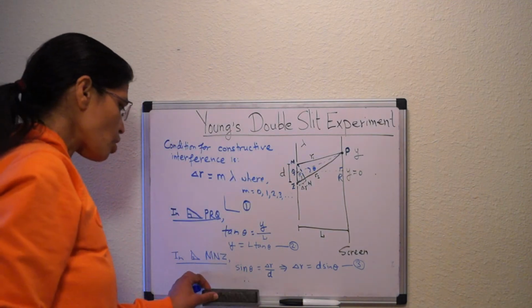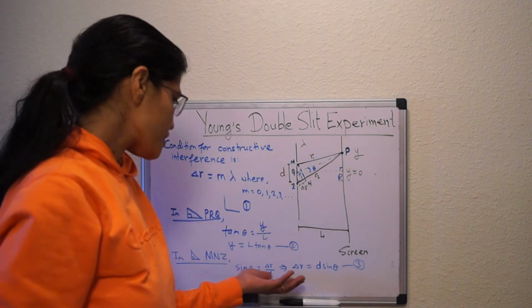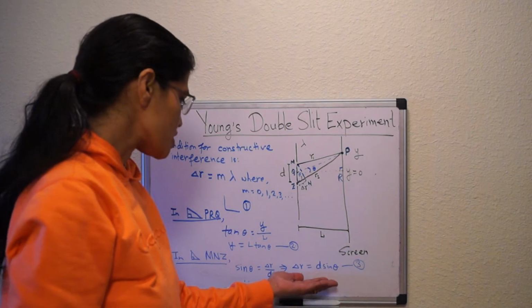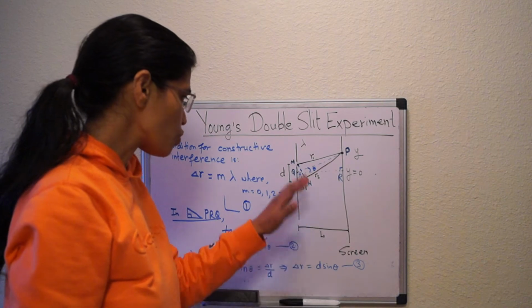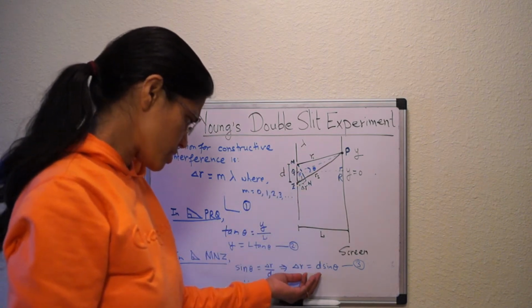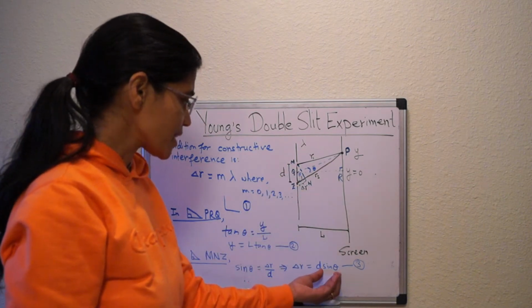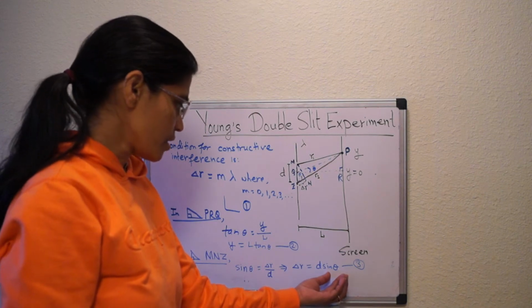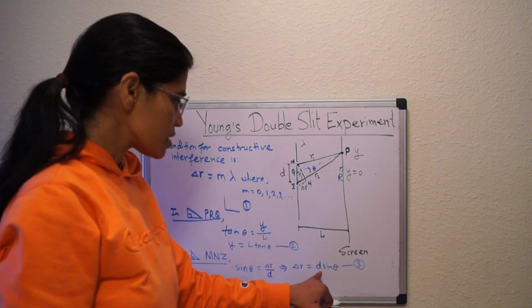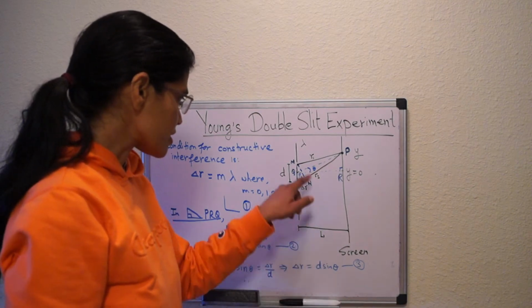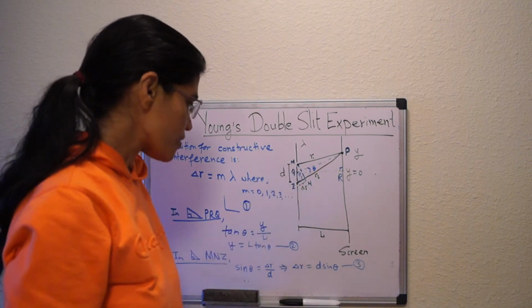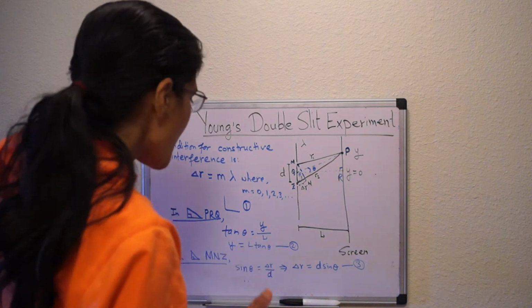So this equation is telling us that the path length between these two waves, delta R, is equal to D times sine theta. D is the spacing between the slits, and theta is this small angle here.